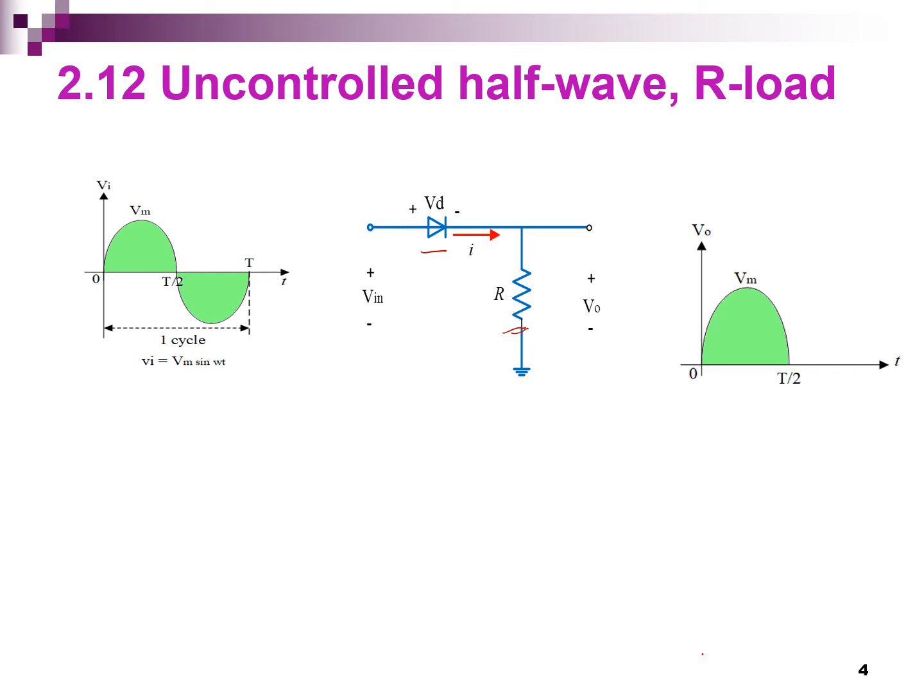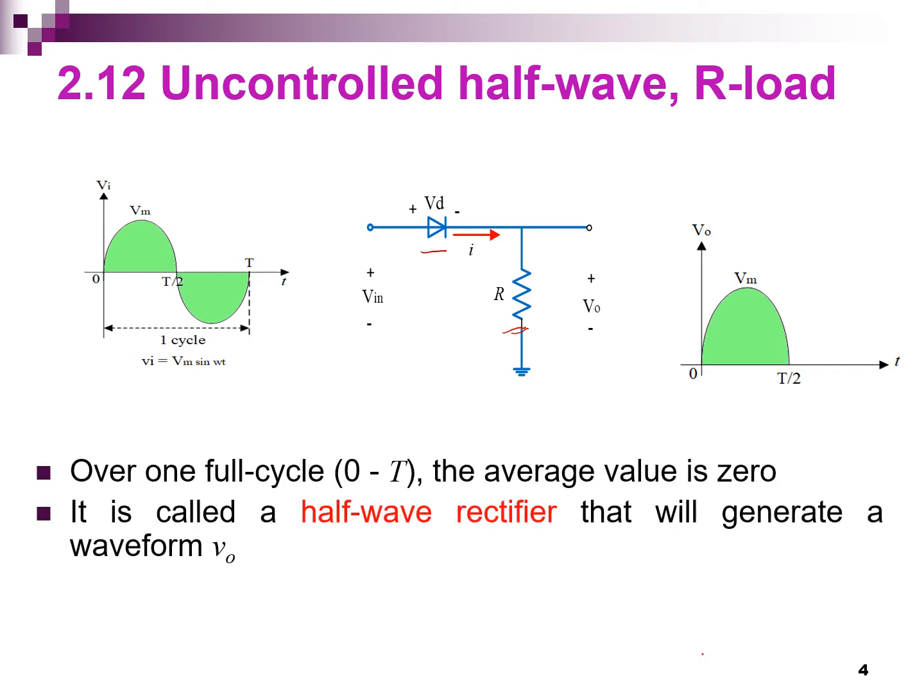Over one full cycle, from 0 to T, the average value, or the algebraic sum of the areas above and below the axis, is 0. It is called a half wave rectifier, and it generates the waveform V out.